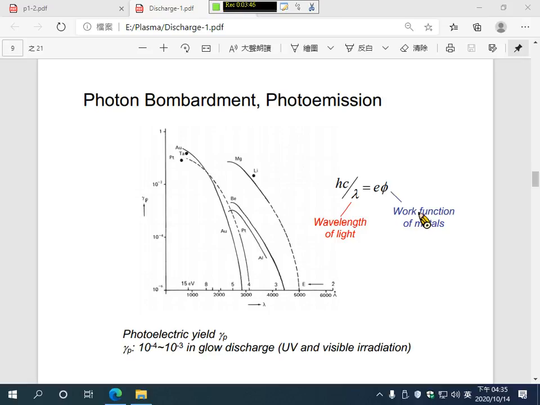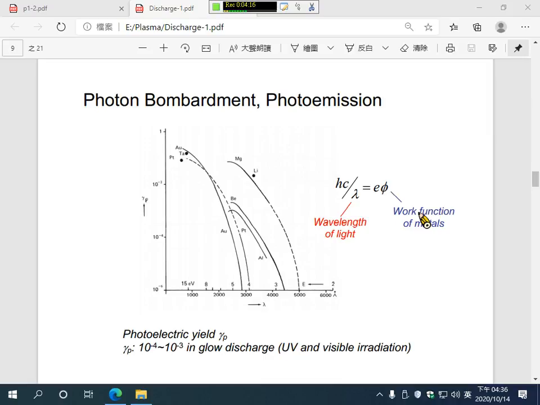Okay, so here is the Fermi level, EF. Metallic materials are conductors because they have a partially filled band structure.